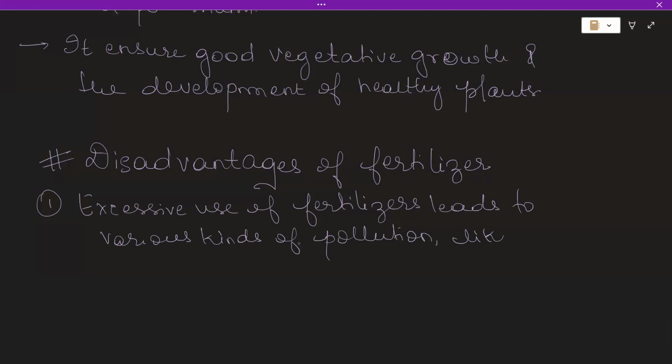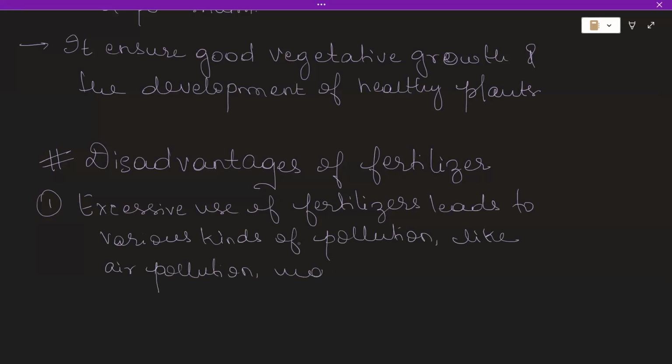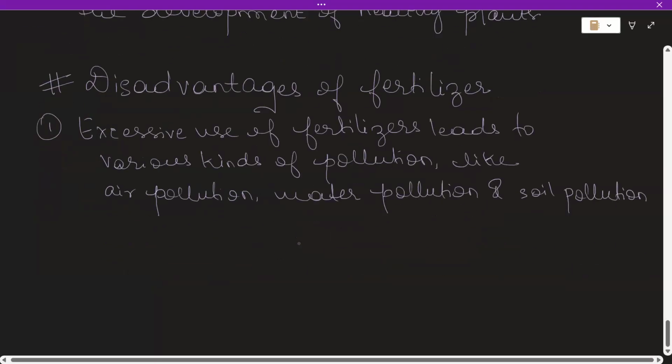Like air pollution, water pollution, and soil pollution. These are the various kinds of pollution that fertilizers could cause. That is a very big disadvantage.